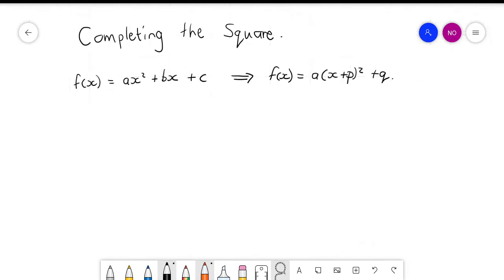Okay. So, what we do when we complete the square is you are going to use this. Right.